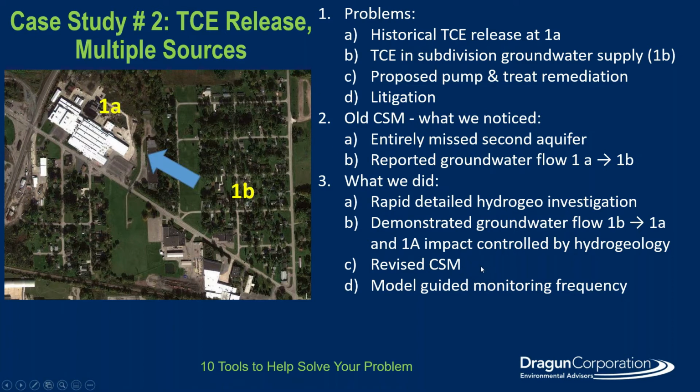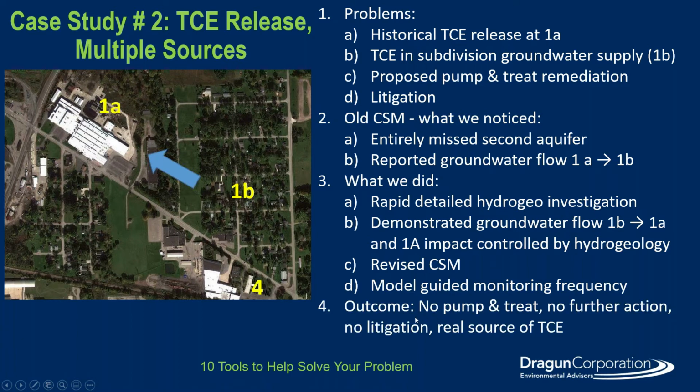We revised the conceptual site model, and we used a model to guide the monitoring frequency, which was appropriate and not just quarterly or semi-annual. It was based on how fast the groundwater was flowing.